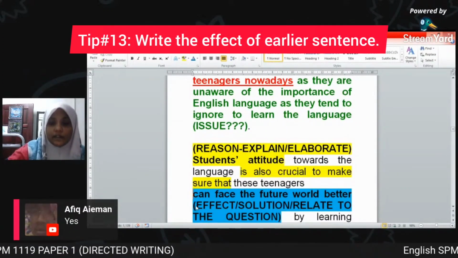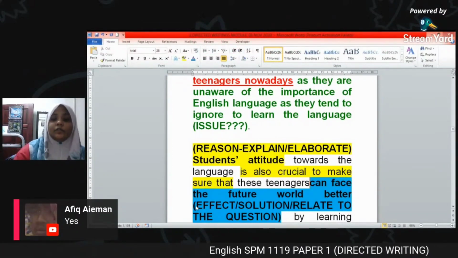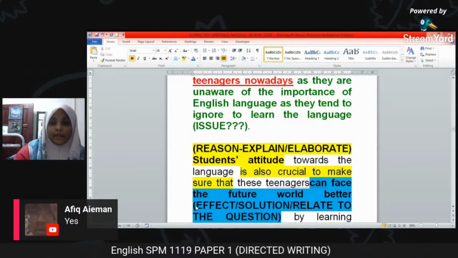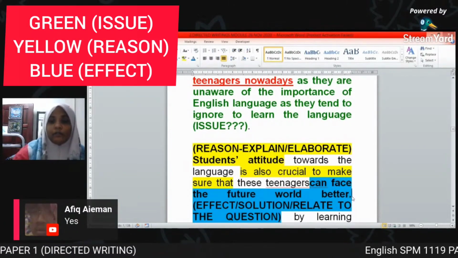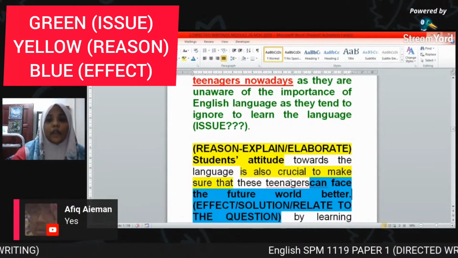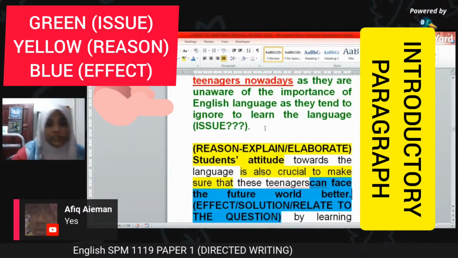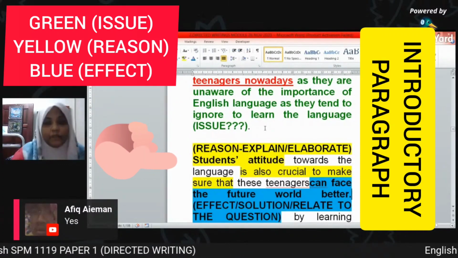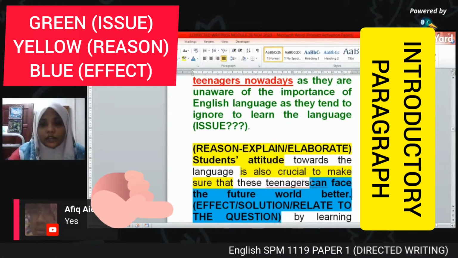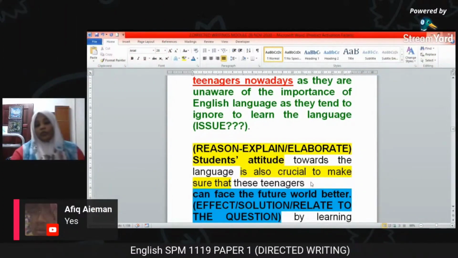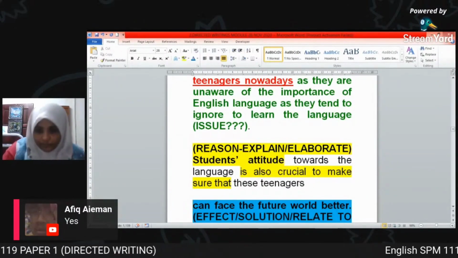What is the effect? What is the solution? Can you see a combination of green, yellow, and blue? Green is the issue that you are facing. All this happens in the first paragraph. I'm just dividing it into separate colors so that you can see the flow. Do you understand? Are you with me?